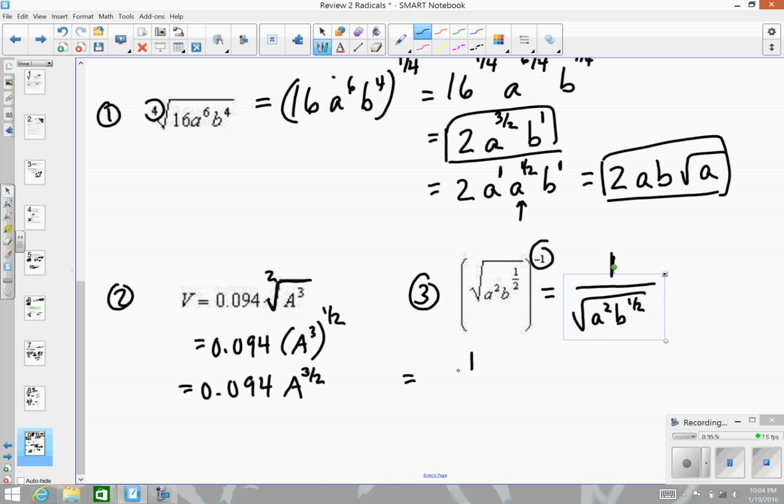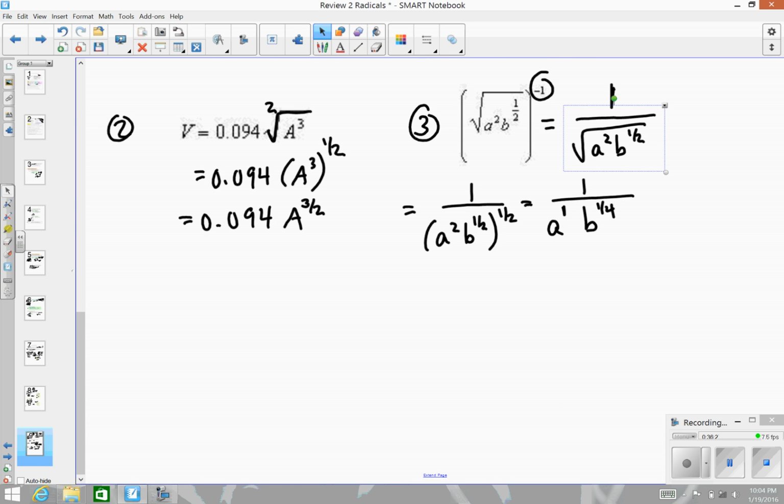So this would be equal to 1 over a squared b to the 1/2, all to the 1/2 power. And then I'm going to take everything inside the parentheses and raise it to the 1/2 power. So I'm going to get a to the 2 times 1/2, which becomes first power, b to the 1/2 times 1/2, which is the 1/4 power. So you might see an answer written like that.